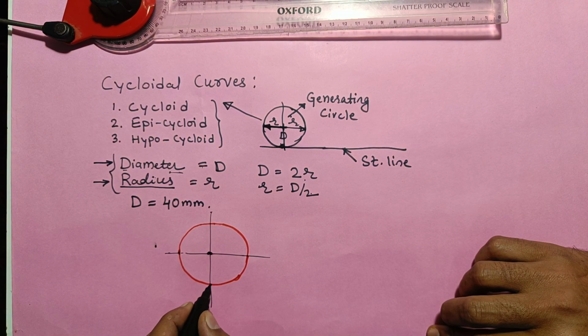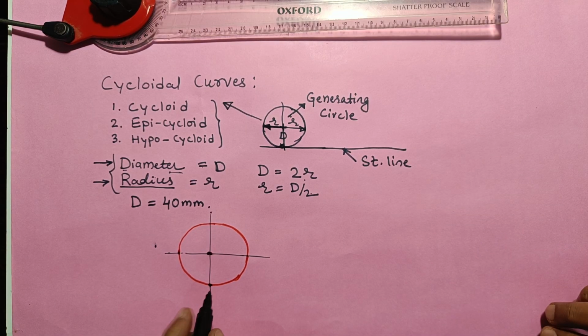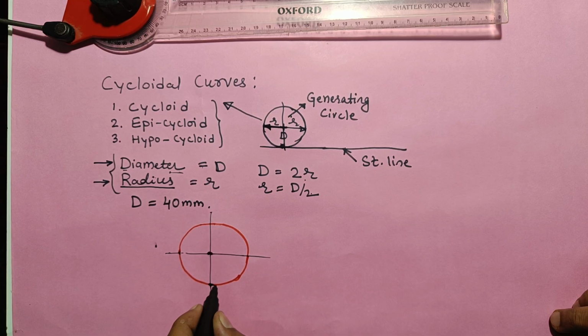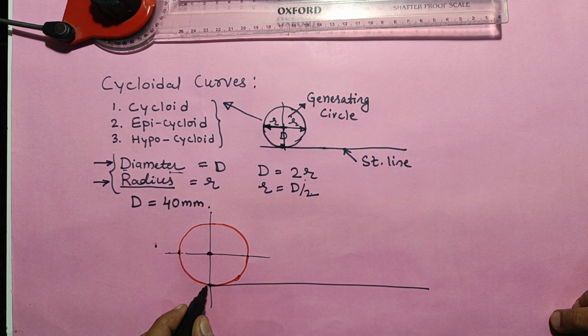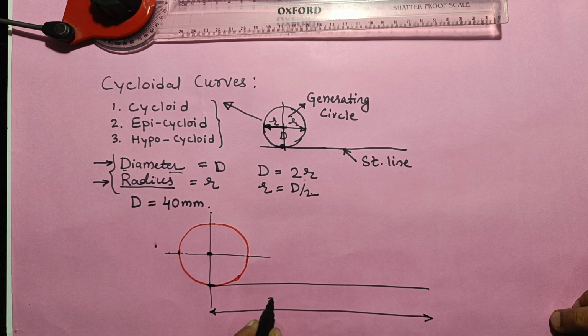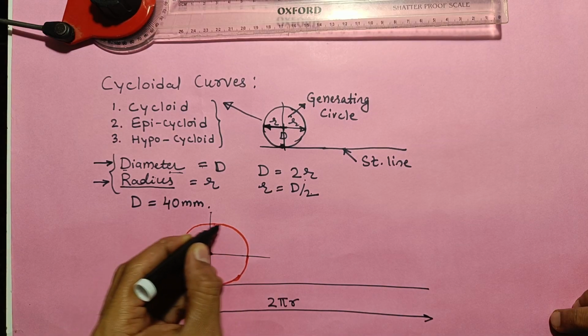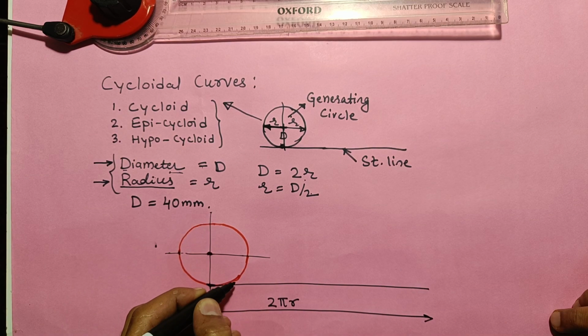So from this point, you have to draw a line like a tangent. This is a horizontal line. So from this point to the end, what should be the distance here? That is 2 pi r, the total circumference of the circle.